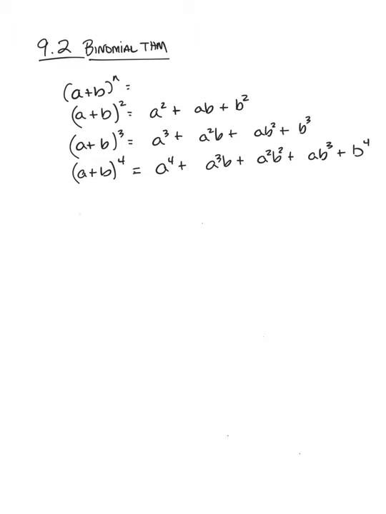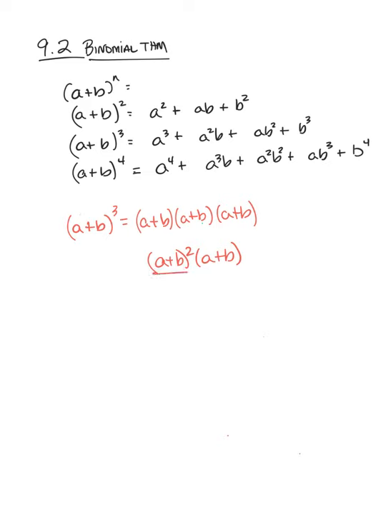You might think, for example, okay, if I had a plus b to the third power even, how would you approach that? Most of you would probably say, I'm going to take a plus b, and a plus b, or some of you might say, I'm going to take a plus b squared times a plus b, and hopefully all of you know the pattern for a plus b squared is just a squared plus 2ab plus b squared.